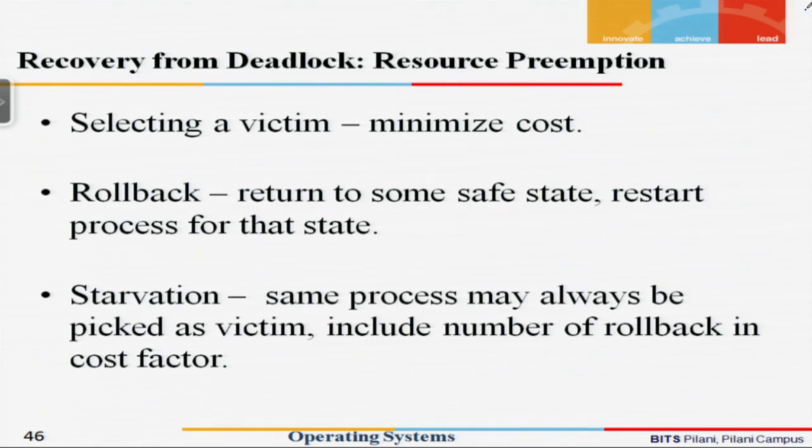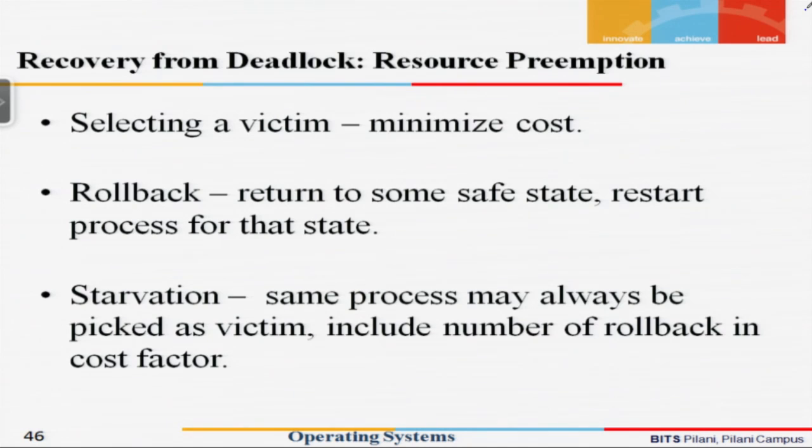So in this case also we would select a victim, and from that victim we try to preempt the resources. Since the process is not being aborted but we are preempting the resource, this would require some kind of a rollback, that is, a return to some kind of a safe state and restart of that process from that state.